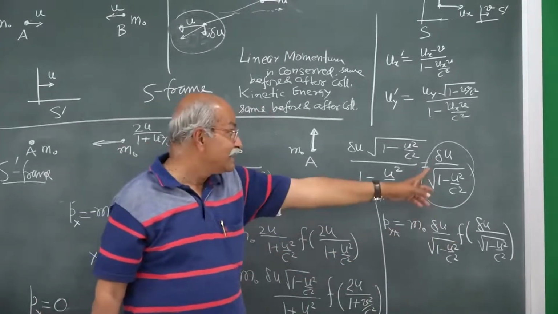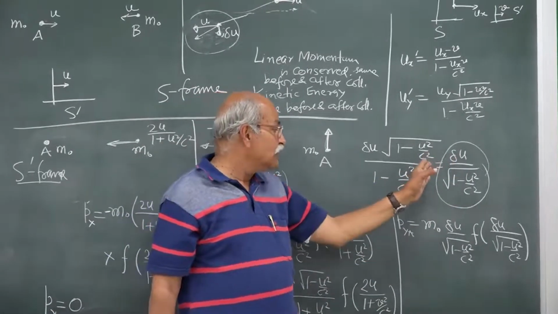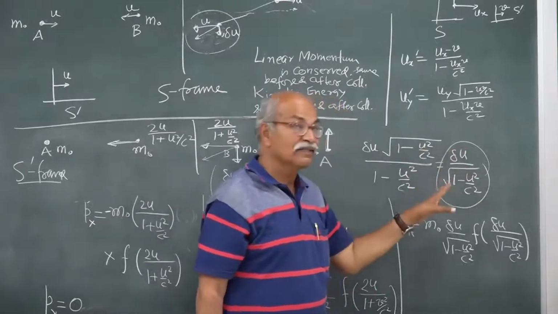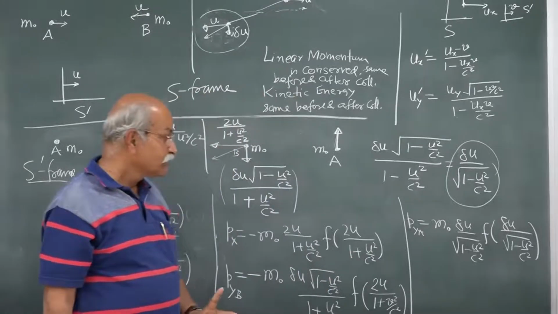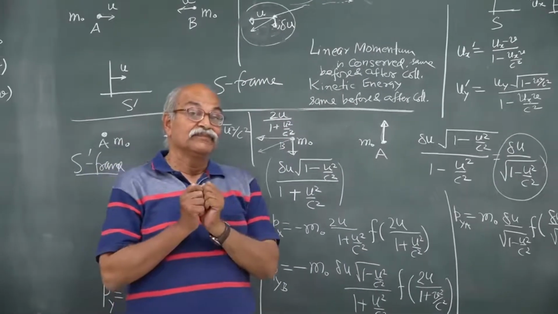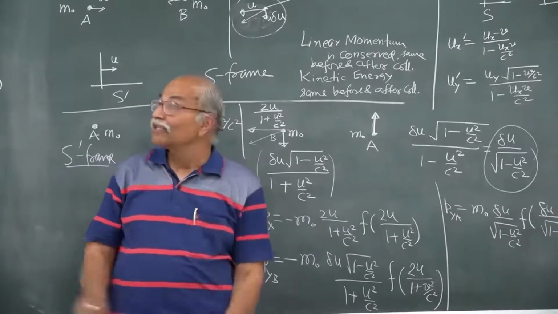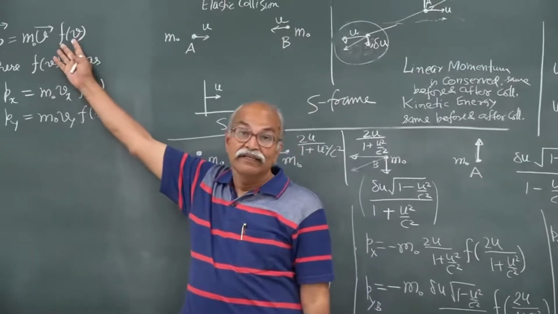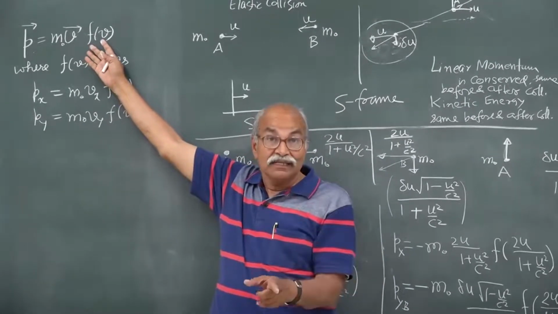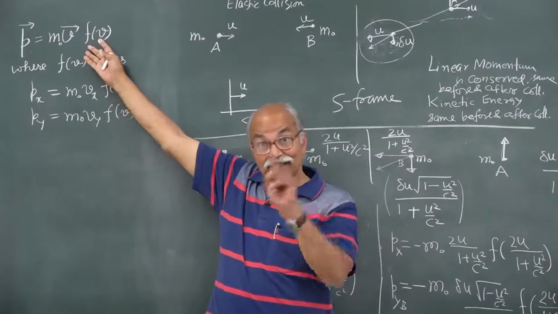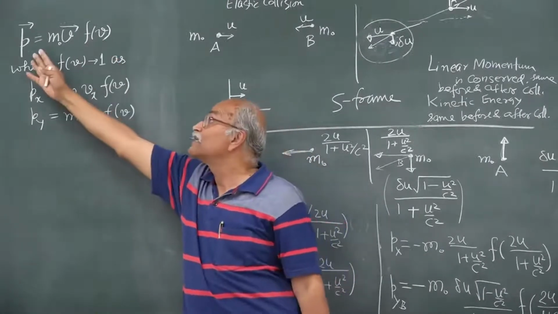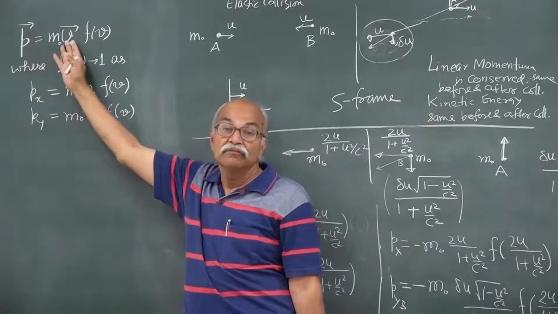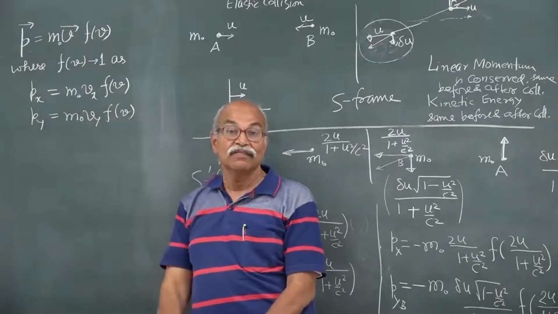This I cannot neglect, because it is not in front of some finite quantity itself, but this function f of v goes to 1 as v approaches 0, so that I get back my Newtonian definition, p equal to mass times velocity, for low velocities.